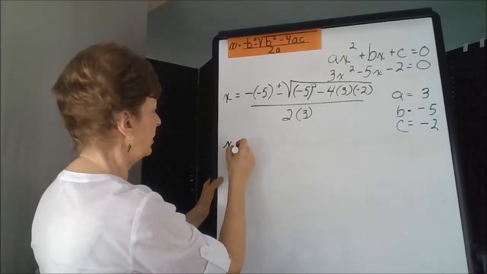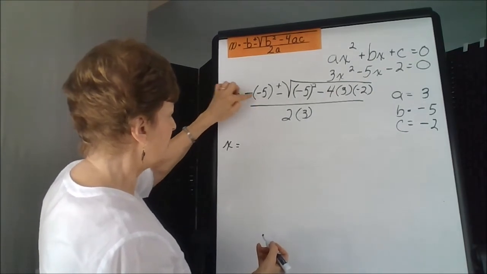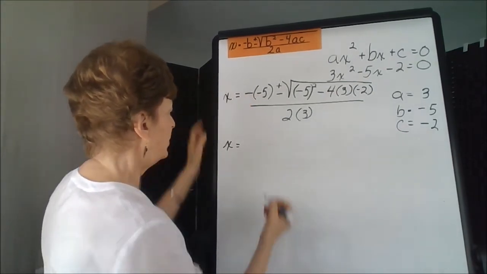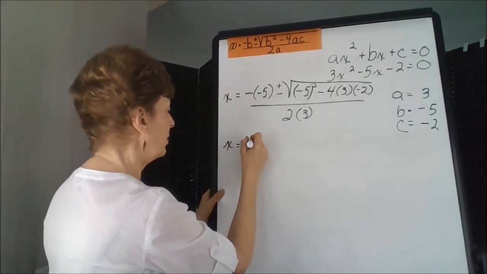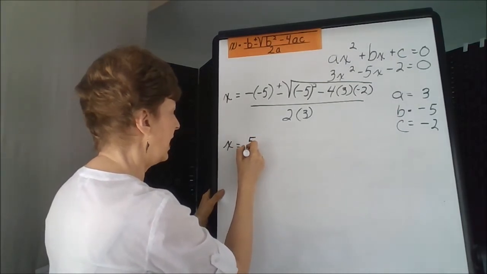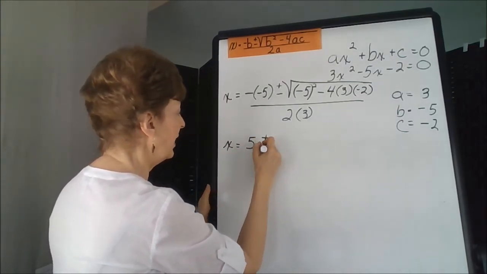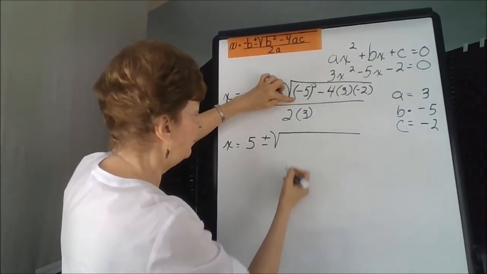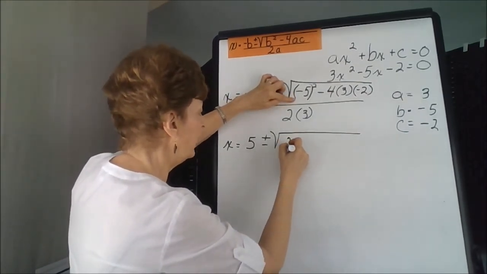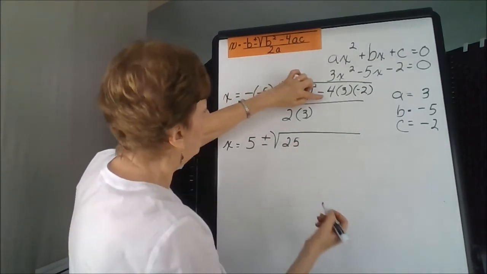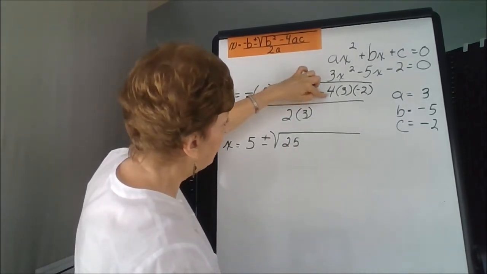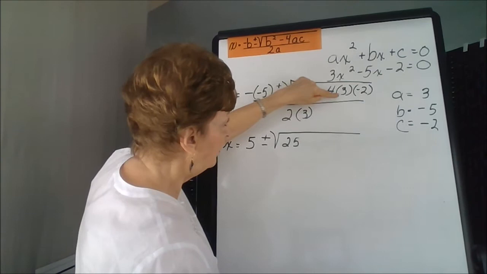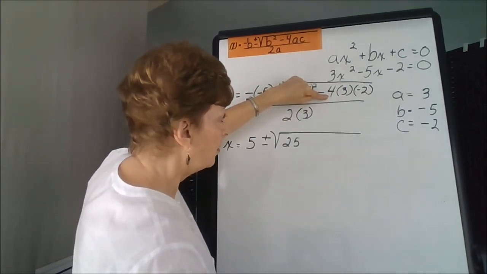x is equal to, we have two signs in a row, and that turns the number positive. So it's 5 plus or minus the square root of negative 5 times negative 5 is a positive 25. Negative 4 times 3, a positive and a negative, is negative 12.